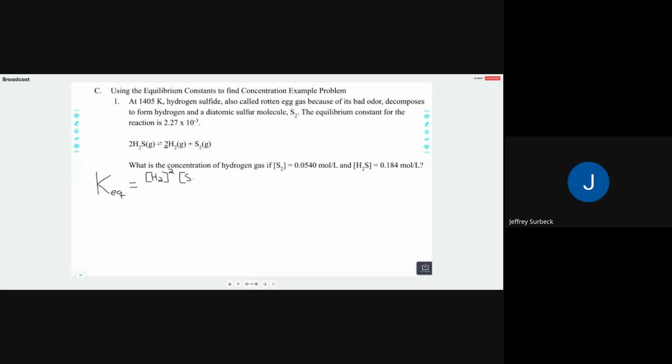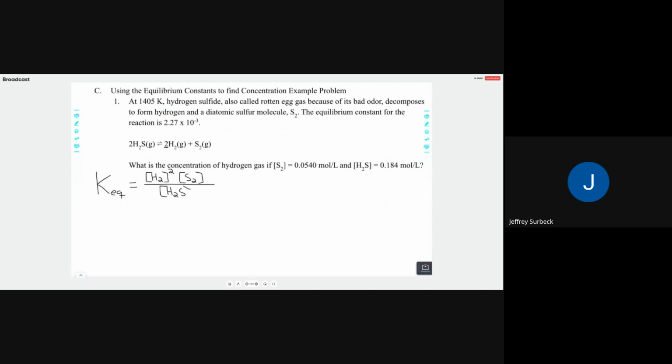If we look really closely, for S2 there's nothing written, so we assume a coefficient of 1. That would be what's on top. Now, we divide this by our reactant, which is H2S.